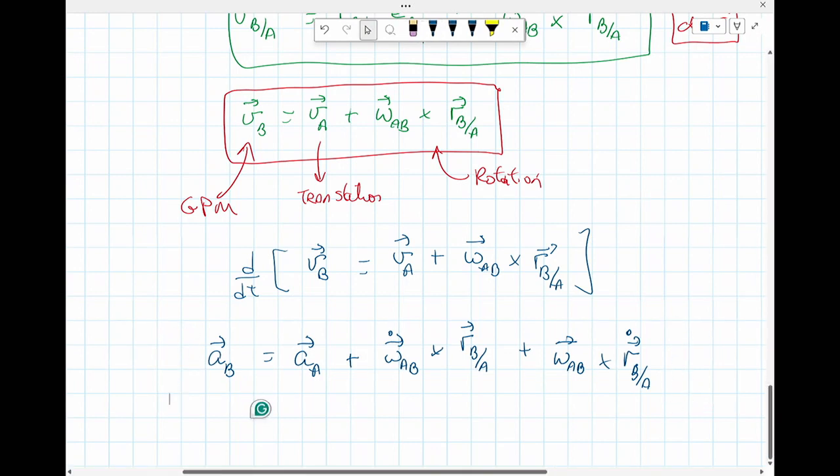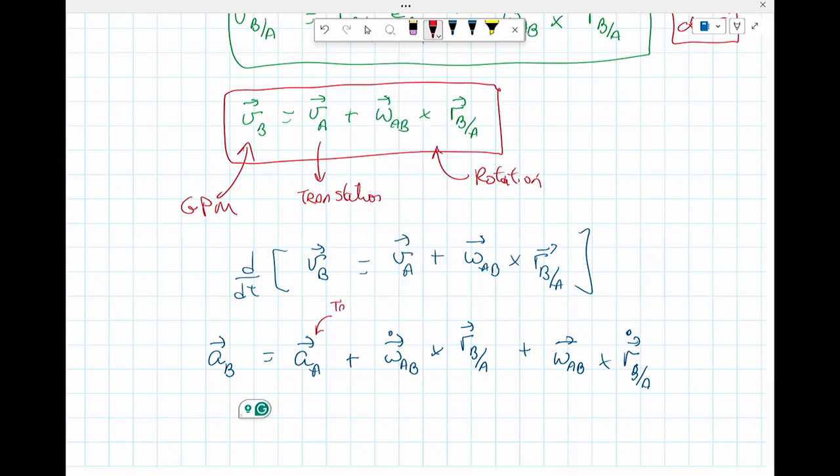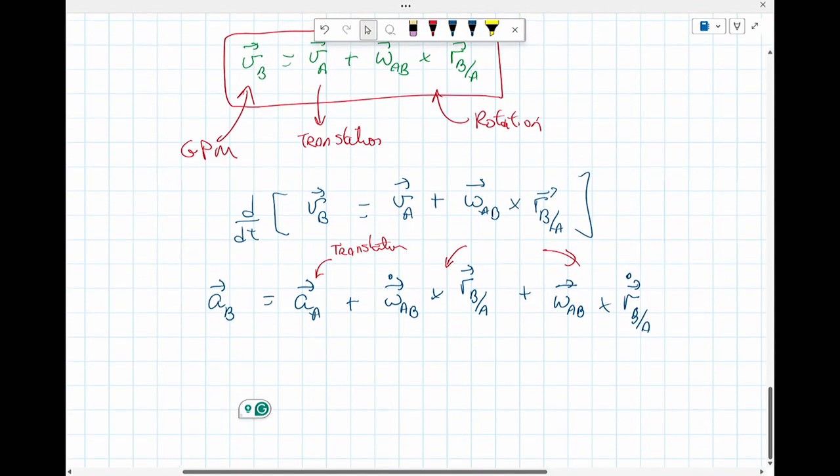Now I have an acceleration term, and it's the same sort of thing. I have a term that deals with the translation, that's still there. Now this term right here is the time derivative of angular velocity, which, unsurprisingly, is going to be alpha, that new alpha that I just said you didn't have to know in this lecture.